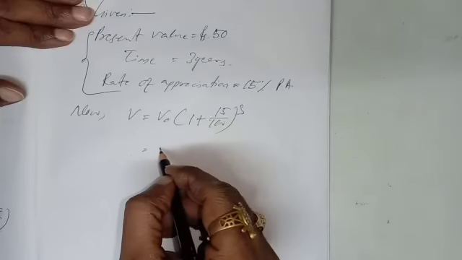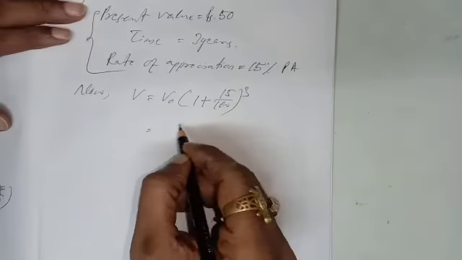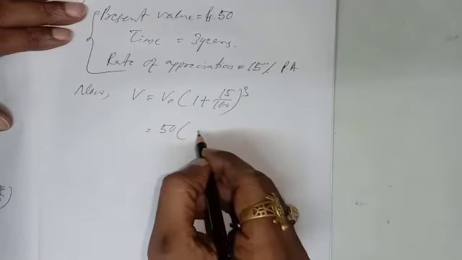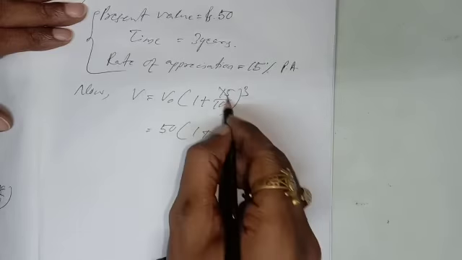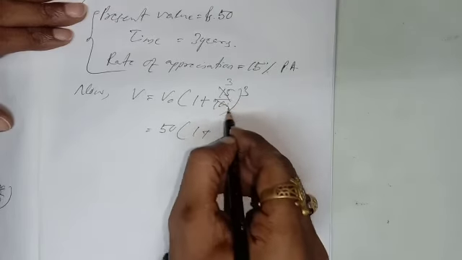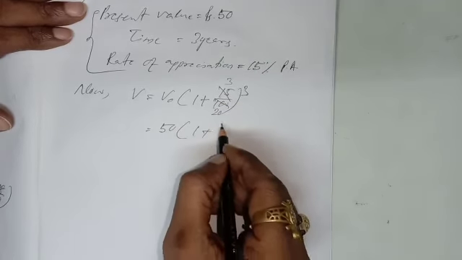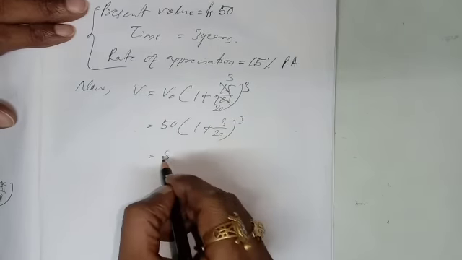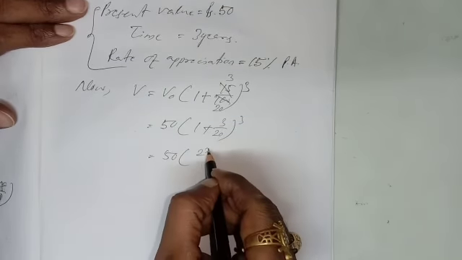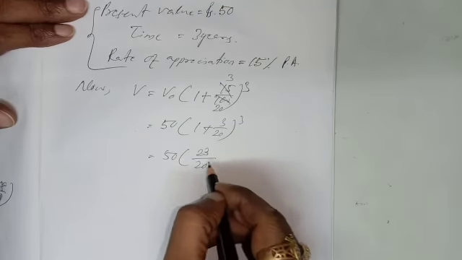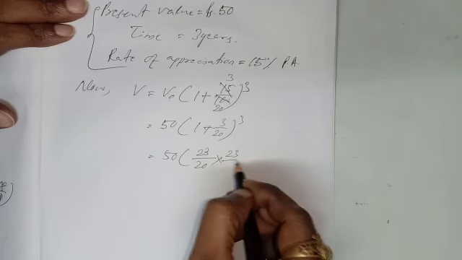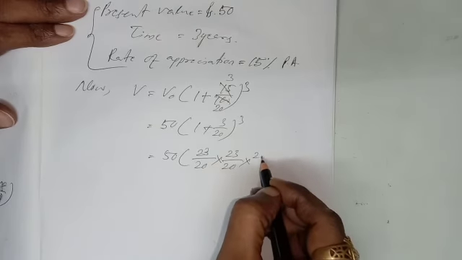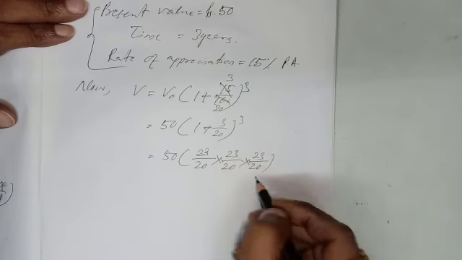Okay, now put the value of V0, present value, that is 50 whole into 1 plus 15 by 100. 5 will go 5 3 are 15, 5 20. That means 23 by 20 whole to the power 3. How much getting? 50 whole into 23 by 20, 23 by 20, again 23 by 20.